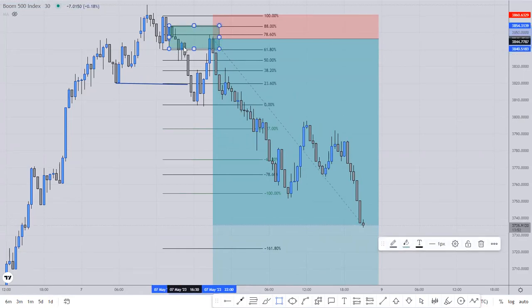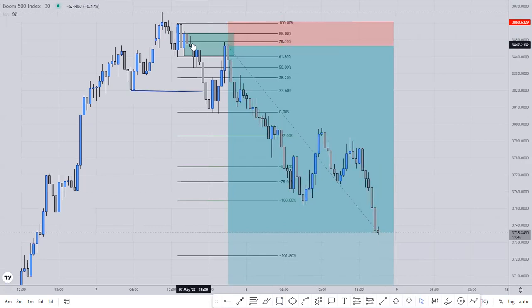The supply was broken, but it was never really retested. It broke out and was never retested. So this one now is the retest into the supply, which is what we wanted.